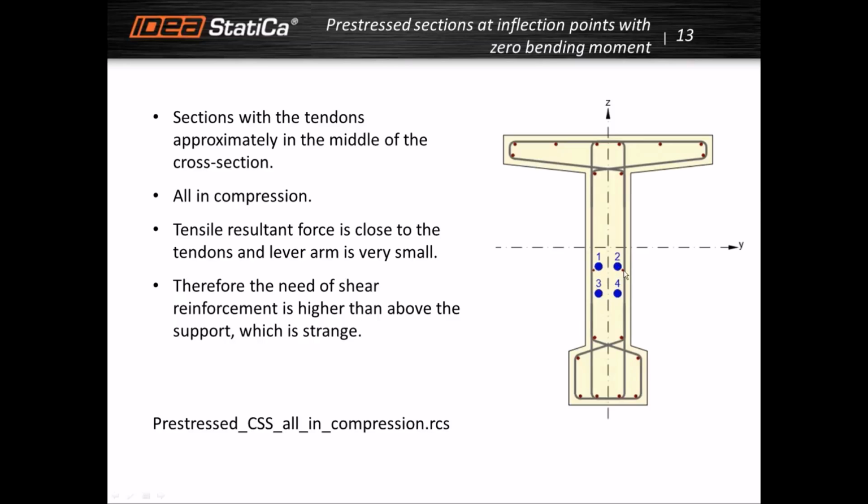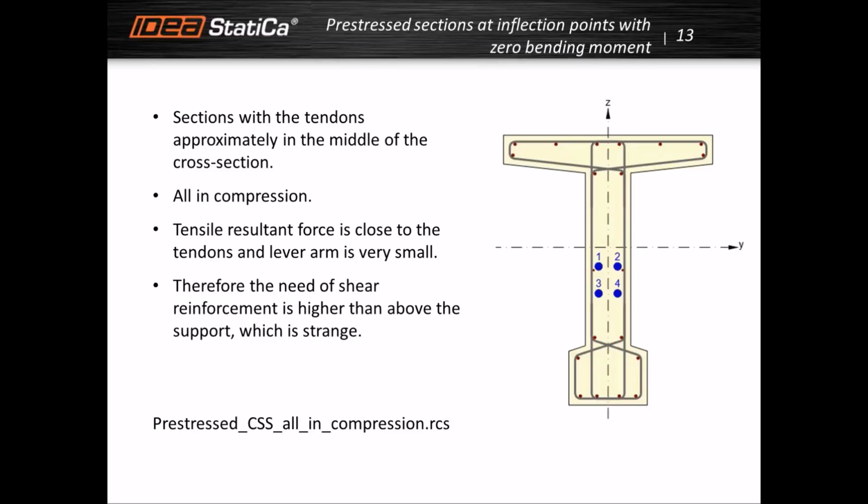I moved the tendons from the extreme position here to document it. All the cross-section is therefore in compression, and the tensile resultant force is close to the tendons, so we have a small lever arm.